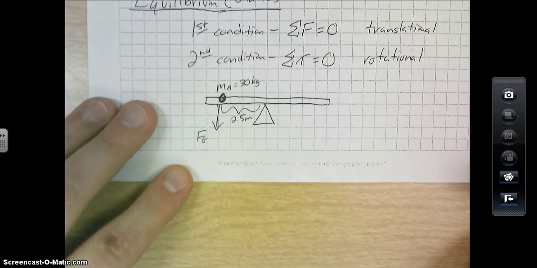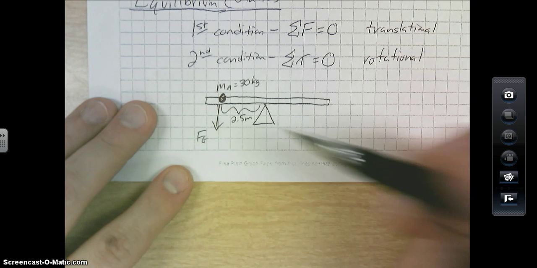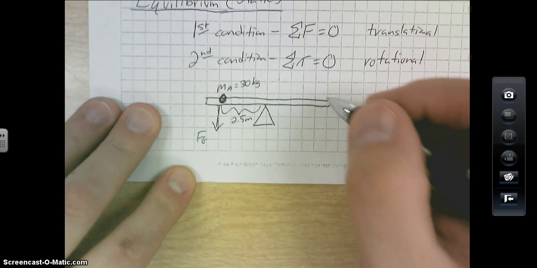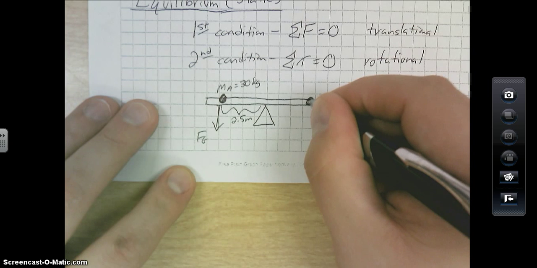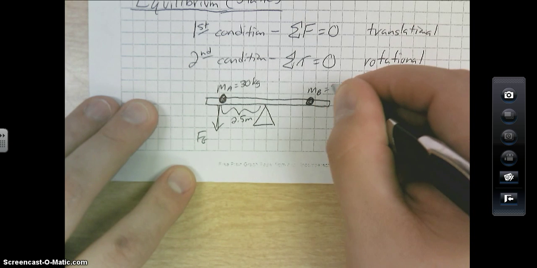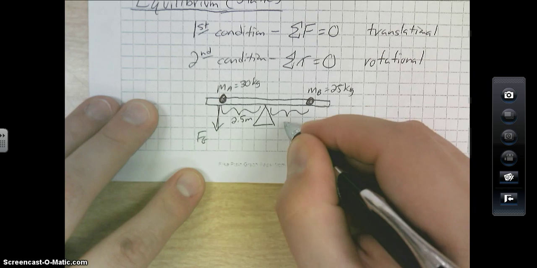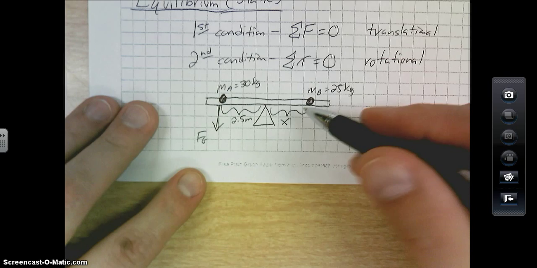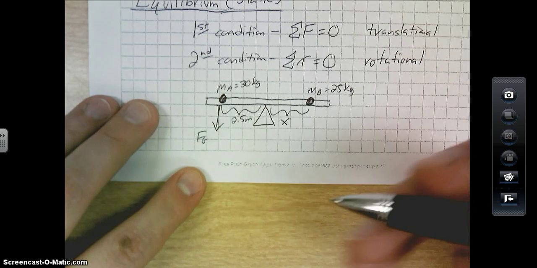That would be a torque, and in this case it's a counterclockwise torque, which would be a positive torque. So there's a pretty common question: if the other person on the other end has a mass of 25 kilograms, at what distance do they need to sit so that you could balance that particular seesaw?